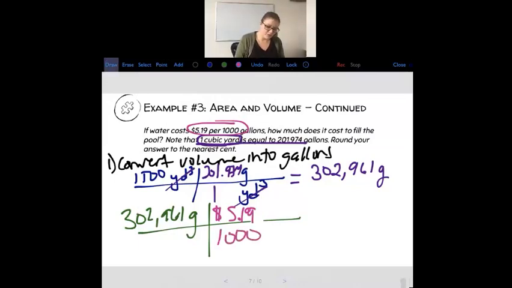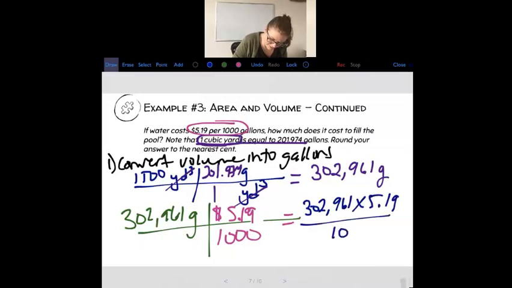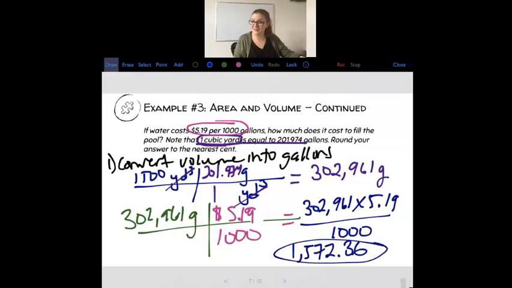Okay, and so what we would do then is we would take 302,961 times 5.19 divided by 1,000 to account that it's per 1,000 gallons, and rounded to the nearest cent is 2 decimal places. So this would give us $1,572.36. Quite a cost to fill a pool.